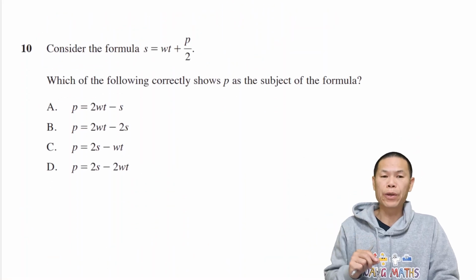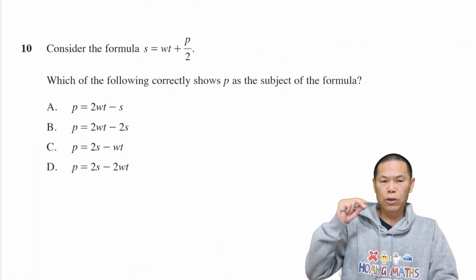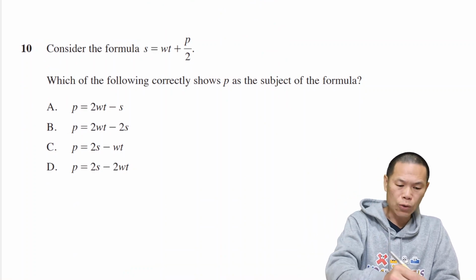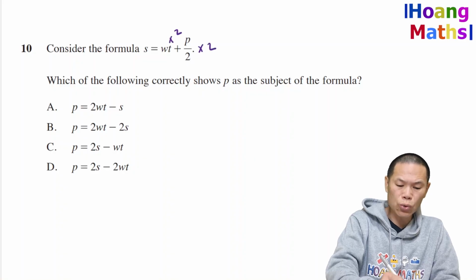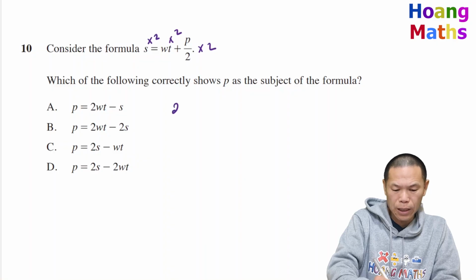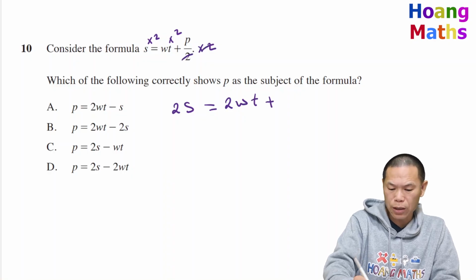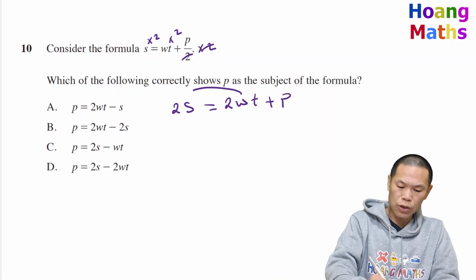Question number 10. So we need to make P the subject. The way to do this is we just get rid of the fraction first. So I times this by 2, I times this by 2, I times this by 2. So that means 2 times S is 2S. 2 times WT, so 2WT. We add that, it cancels out, giving me P. So we need to solve for P. So we just move this to that side.